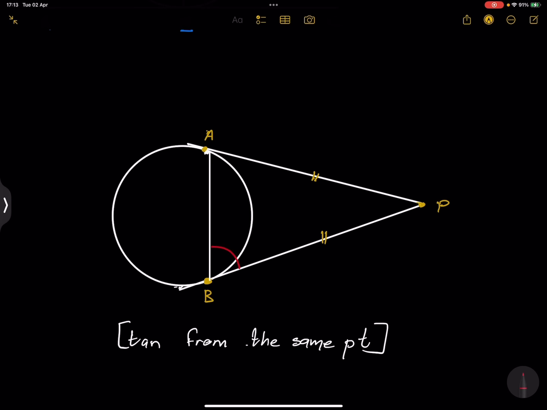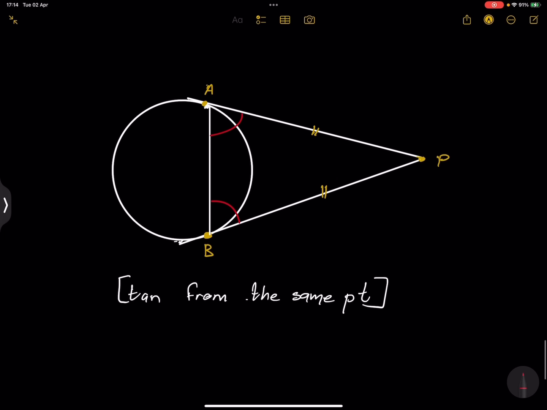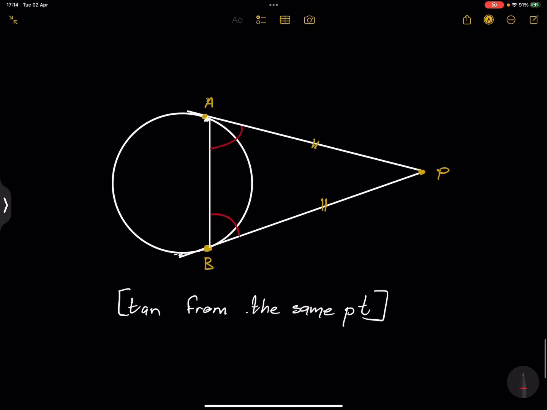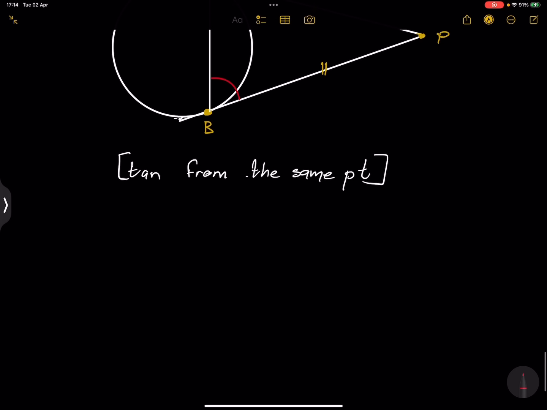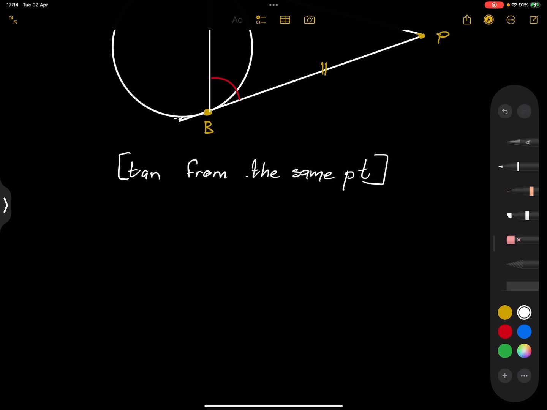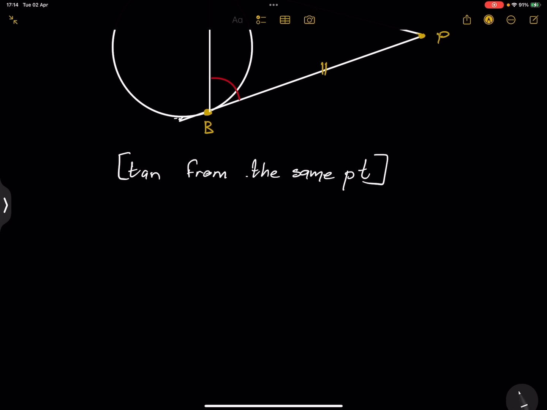And what do I know about an isosceles triangle? The base angles of an isosceles triangle are equal. But we're going to talk about all of that once we start delving into Euclidean. For now, I just want you guys to master these theorems and know them off by heart. All right, now let's go to the next one. Tangents from the same point, we know that they are equal. And the last one, the very last one.